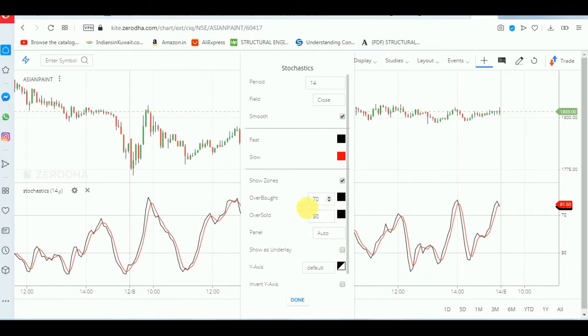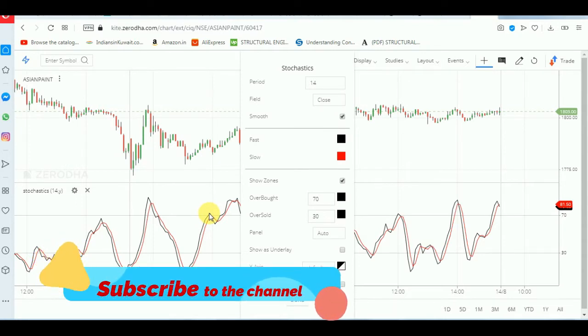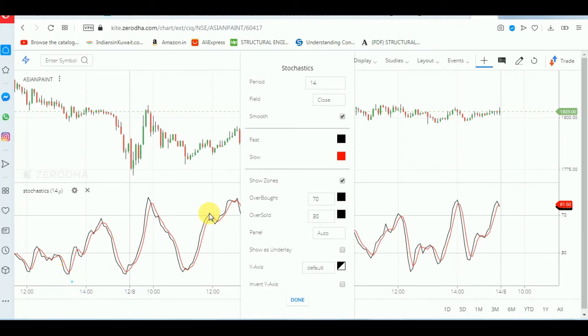so that once both the lines cross the 70 level, they consider that as an overbought region, which means that the particular stock has already been overbought, and there is a potential of reversal of that stock.